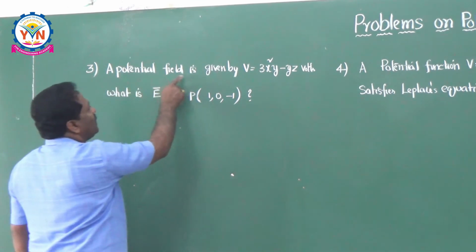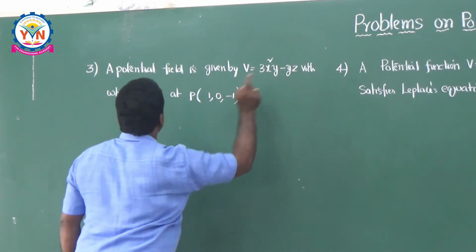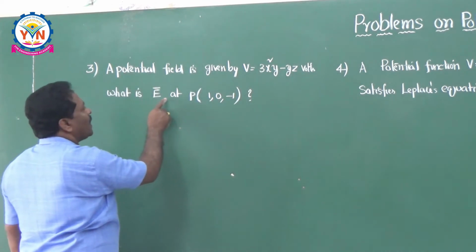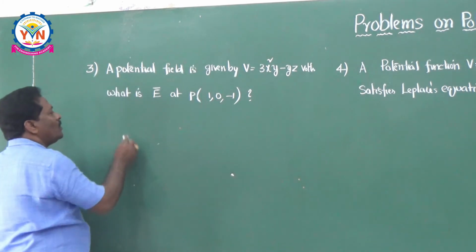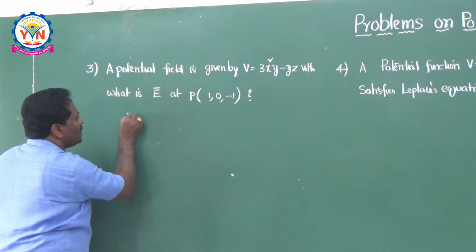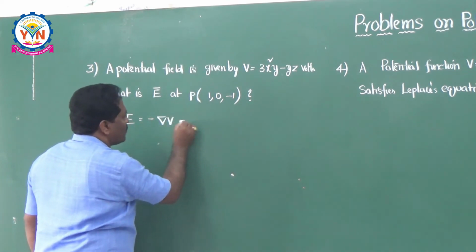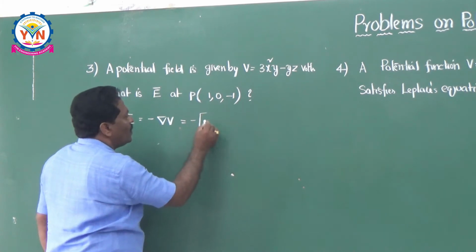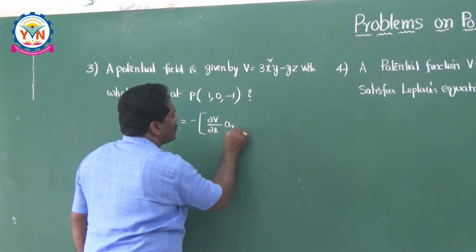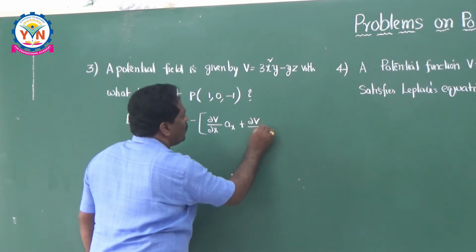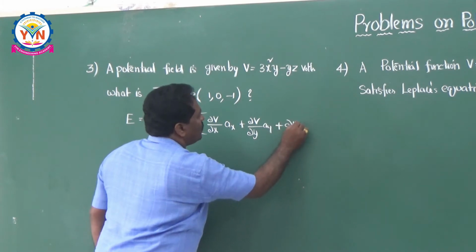A potential field is given by V is equal to 3x square y minus yz volts. What is E bar at the point (1, 0, -1)? You know the relation between E and V: E is equal to minus del V. That is equal to minus of dou V by dou x into Ax plus dou V by dou y into Ay plus dou V by dou z into Az.